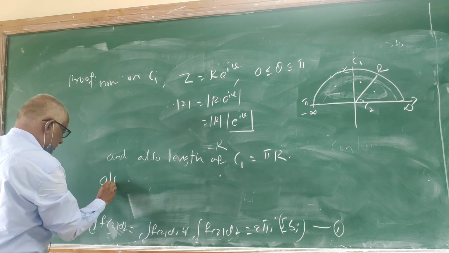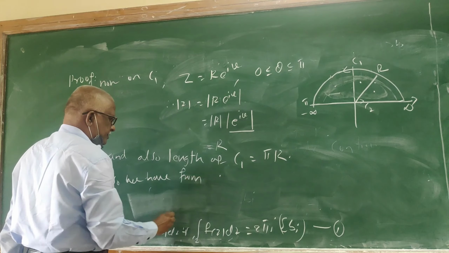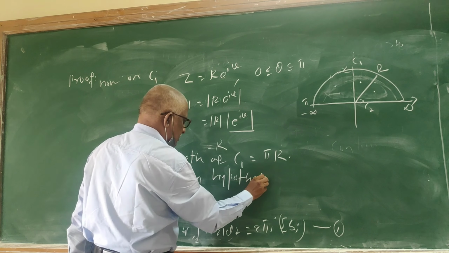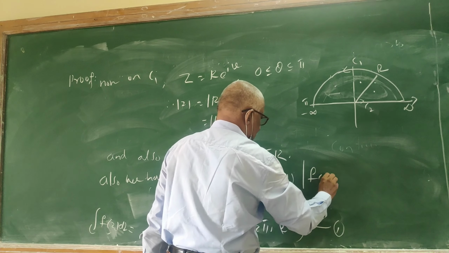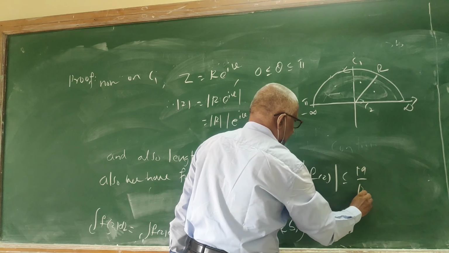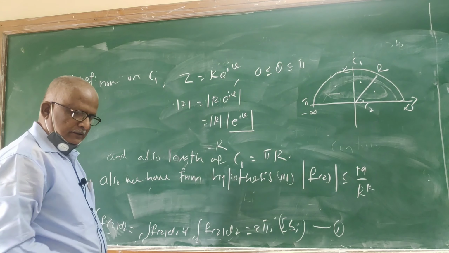Also, we have from hypothesis 3 that mod f of z is less than or equal to m by r raised to k.